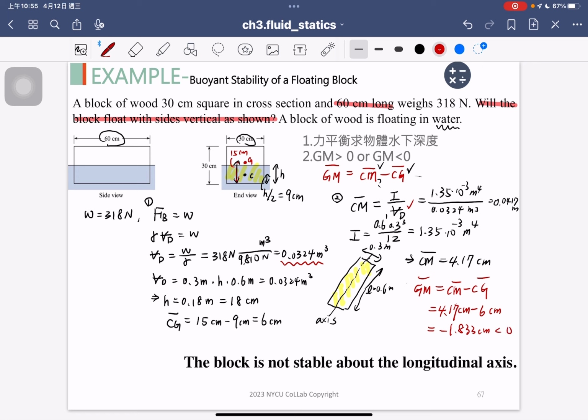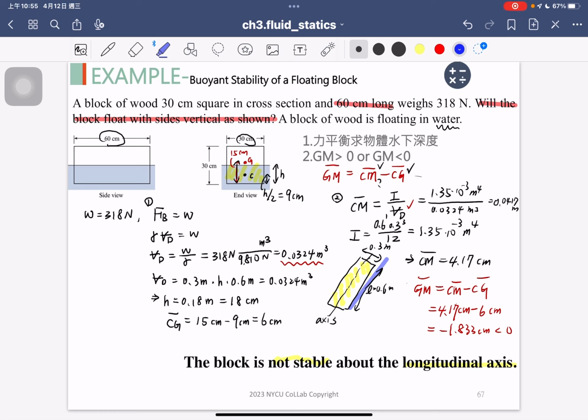So I can say that the block is not stable because the GN distance is less than 0, especially along the rotation axis, the longitudinal axis. It's along the length of 0.6 meters. That's because the rotation axis is along the longitudinal length.